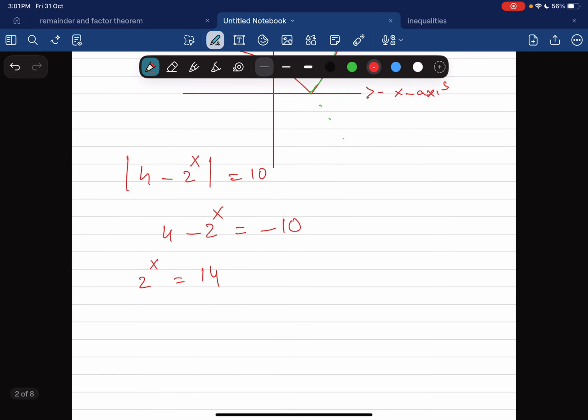Now, to find the value of x, since it is in the exponential, we always take the log. x log 2 equals log 14. We take logs of both sides, then x is equal to log 14 divided by log 2. We will get the answer.